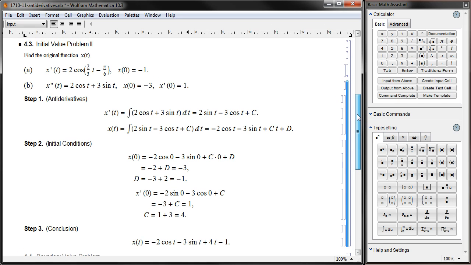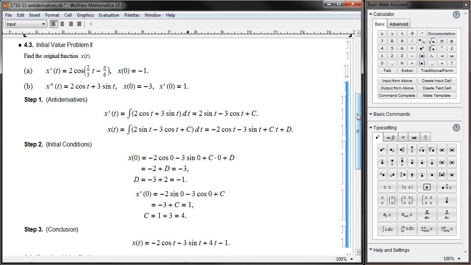So it is possible to use initial value conditions twice. Even if you have a second derivative, and even if you have to take the antiderivative twice, it is possible to determine the antiderivative if you have two initial conditions.